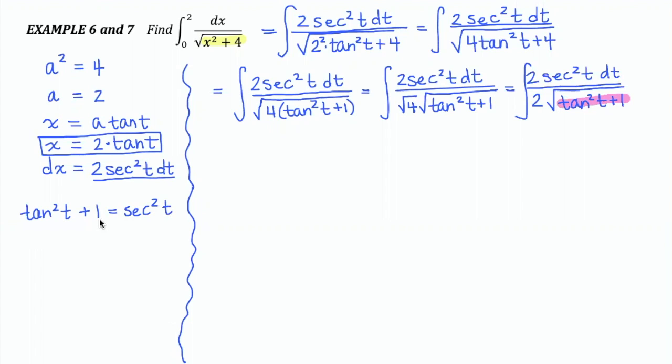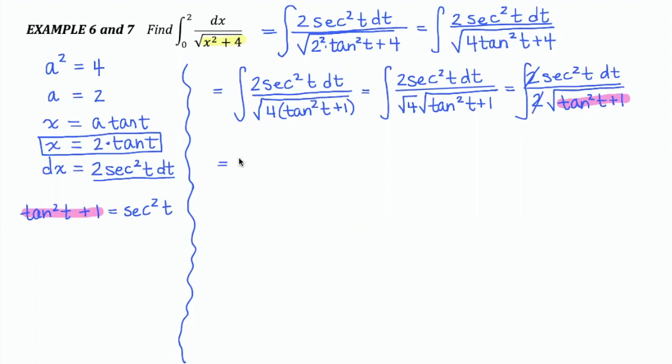So again, I'm kind of going off to the side here. Sometimes you might have to move things around in the identity to match what you have in your integral. But this is perfect. Tangent squared t plus 1 is secant squared. So in the next step, I'm going to drop out these constants of 2.